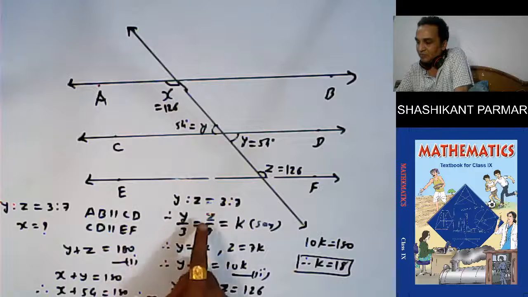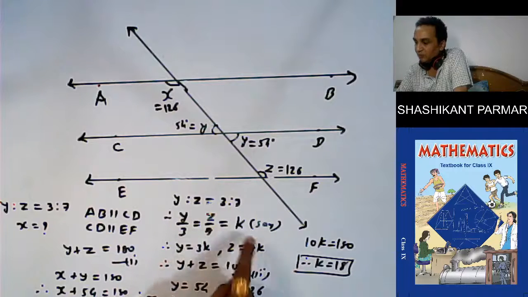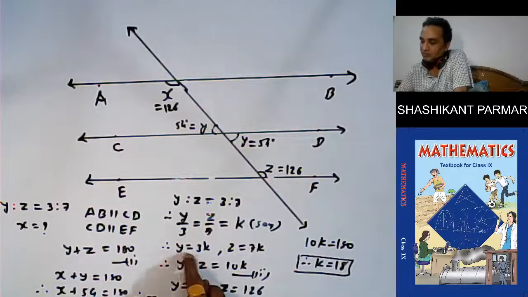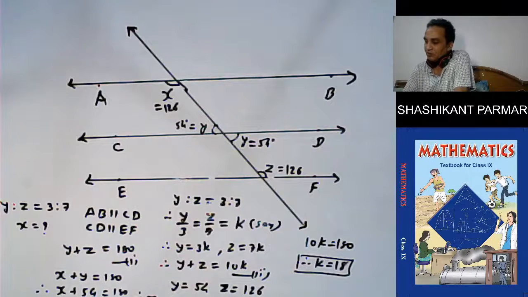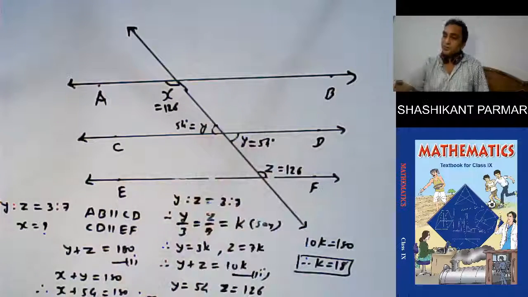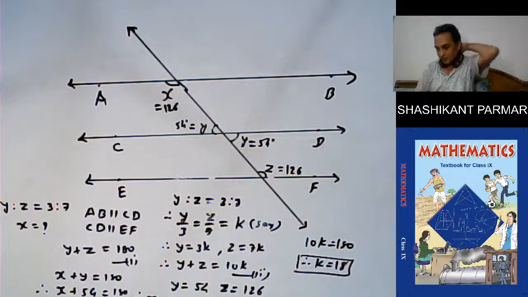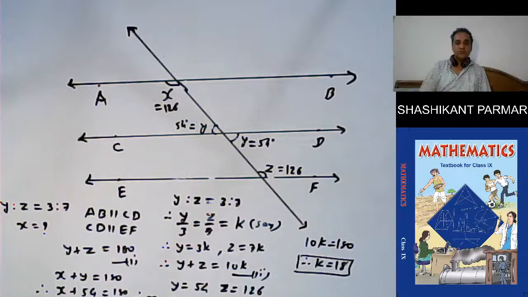Y divided by 3, Z divided by 7 is equal to K. Y is equal to 3K, Z is equal to 7K, Y plus Z is equal to 7K plus 3K, 10K. Find out K, put the value of K in the given equation, Y is equal to 3K. We have 54 and 126, and from this X plus Y is equal to 180, we can find the value of X.